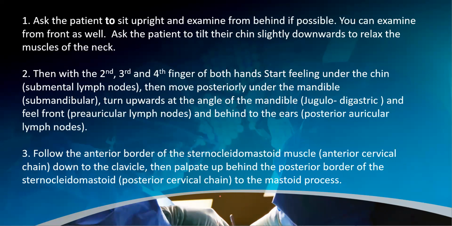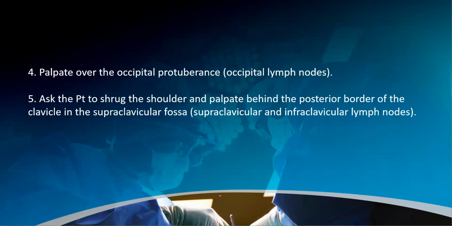Then you follow the anterior border of the sternocleidomastoid muscle down to the clavicle, that's for anterior cervical, and then palpate behind this muscle for posterior cervical. Once you have done that, palpate over the occipital protuberance for the occipital lymph node, and then ask the patient to shrug the shoulder, and palpate behind the clavicular border in the supraclavicular fossa for supraclavicular lymph nodes.